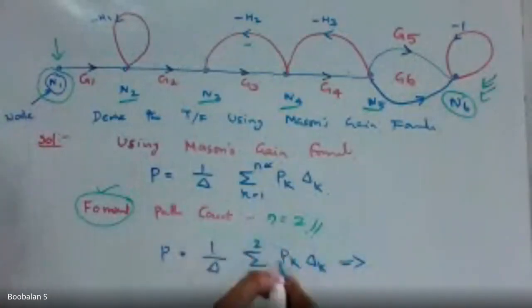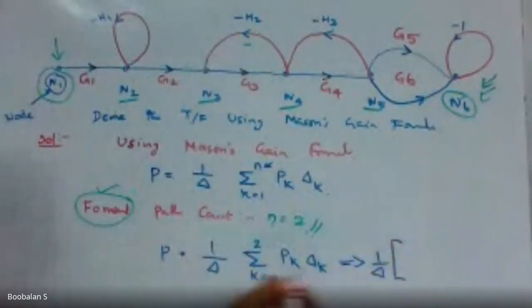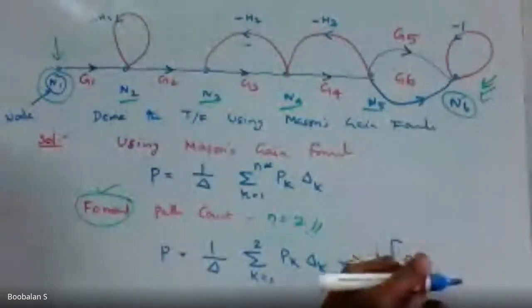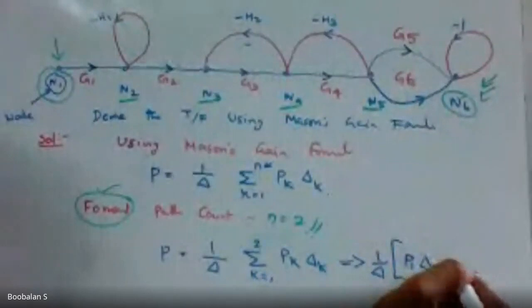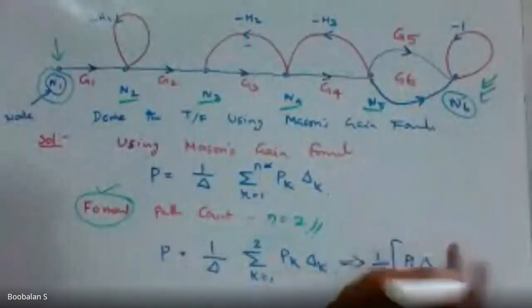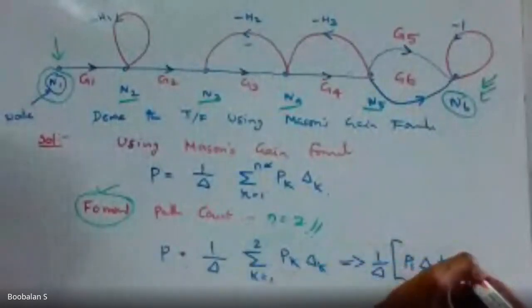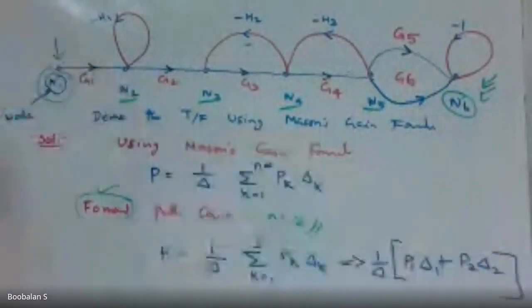Expanding the summation: 1 by del, substitute k equal to 1, P1 del 1. That is why there is a plus symbol here, right? Plus, now the k value is incremented: P2 del 2. So this is the final equation.